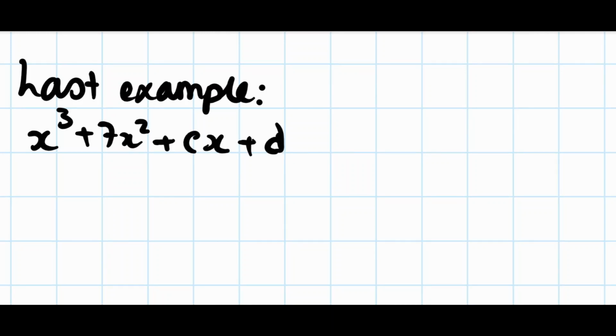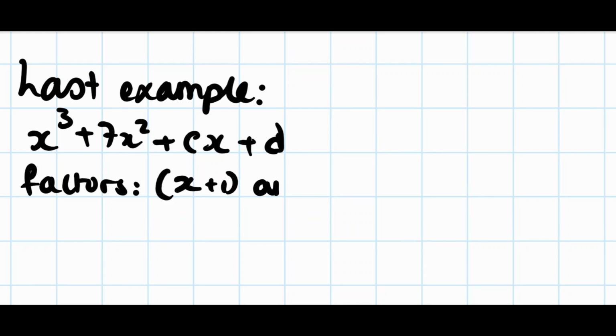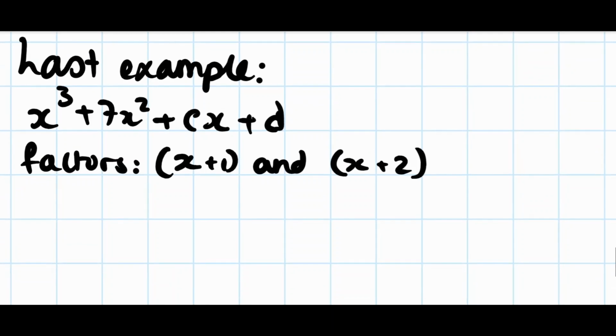And for these, we're given that the factors are x plus 1 and also x plus 2. I'm just going to set that equal to f of x really quickly.